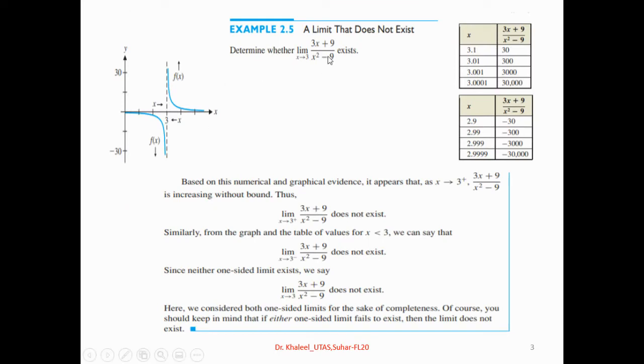This time, again I am taking the rational function (3x + 9)/(x² − 1), and then we find the limit of this function as x tending to 3, that is close to 3, right? So let's see, determine whether the limit exists or not.